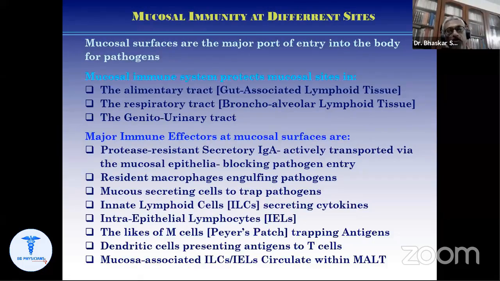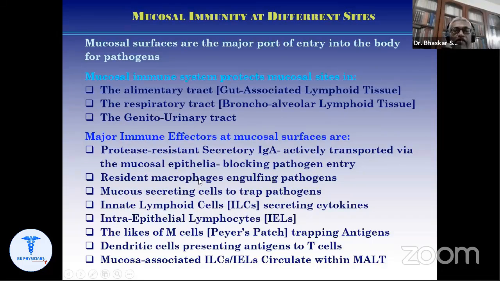For example, the circulating monocytes, when they reach the spleen, that is splenic macrophages, but when they go to liver and are adopted there and become a part of it, we know that is Kupffer cells, or when it is in lung, it is called alveolar macrophages, or when it is in brain, then we call it glial cells or microglial cells.